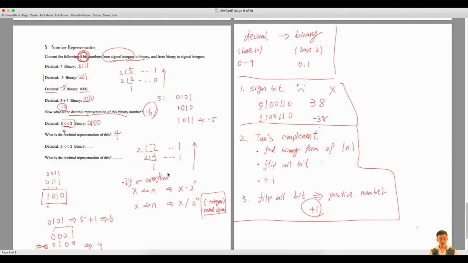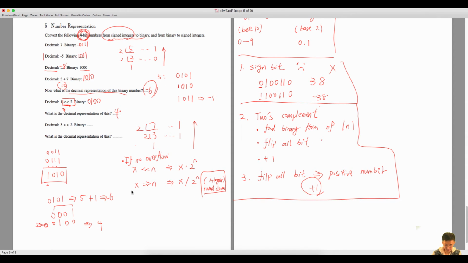All right. So what if there is? Our last question is 3, which is 0, 0, 1, 1, left shifted by 2. By the same thing, 0, 0, 1, 1, we pad zeros and get rid of the extra zeros. And so the binary form is just 1, 1, 0, 0. And what is this? As we see again, the leading bit is 1, so this is a negative number.